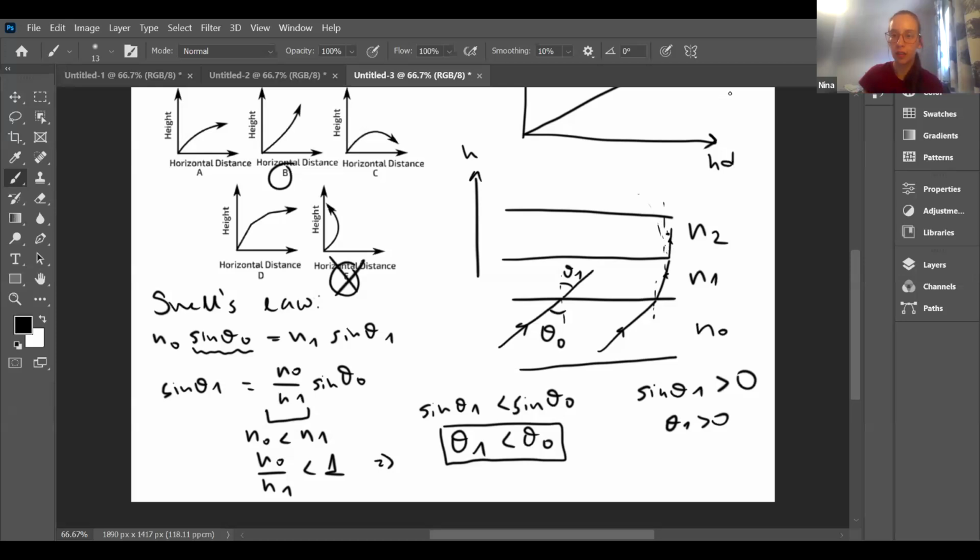Okay, so look at the Q&A. Don't we already know that the refractive angle is smaller because the question says the refractive index increases with height? So this is a very good thing to remember in general. I think this is the last thing I'm going to say, and then I'm going to just type out the answers. When you have two media with different refractive indices, imagine a car.